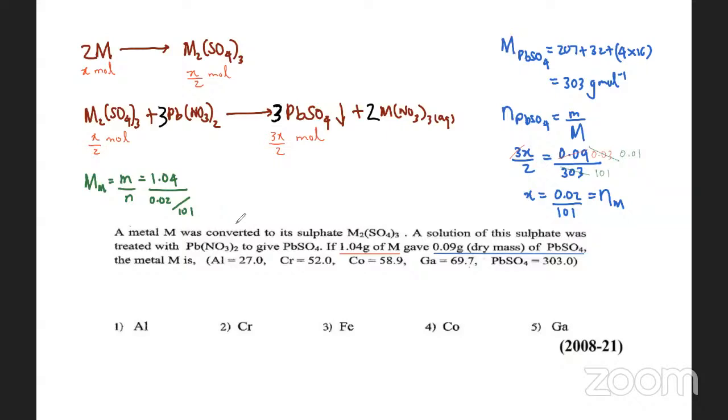Not liking this. Something is wrong. Wait. Did I make a mistake somewhere? I took this as X, so half of this, 3X by 2. Right. Okay.